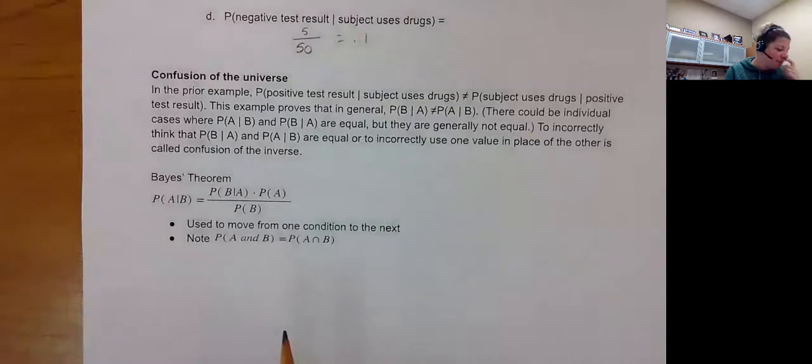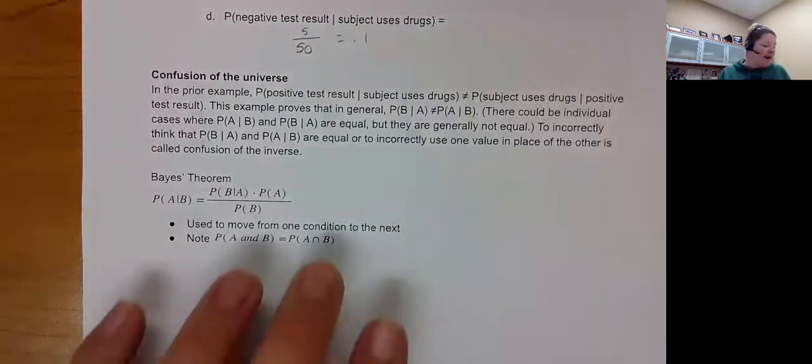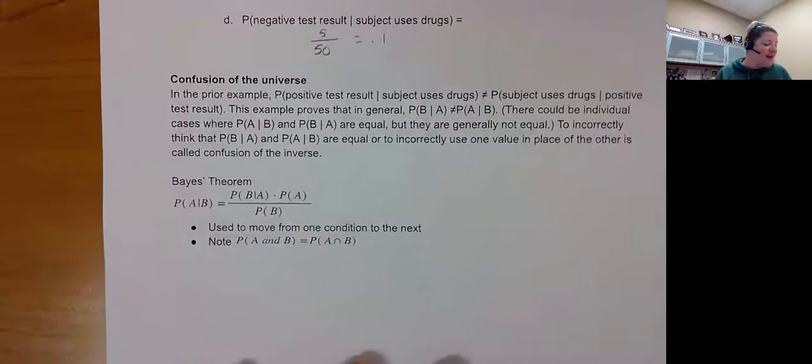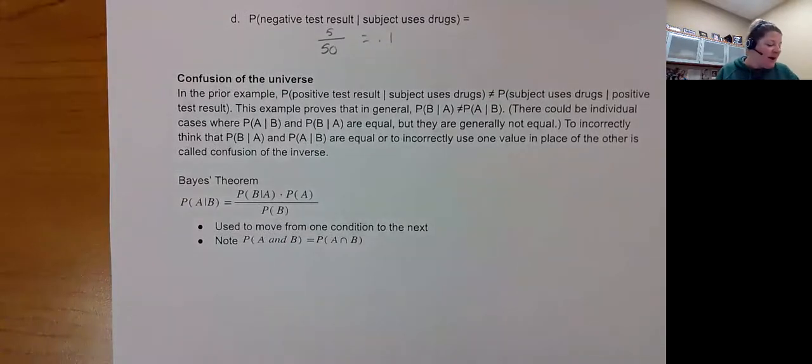Okay, Bayes' theorem is right here, and we use this one to go from one condition to the next on occasion. We won't use this very much because we usually just use our conditional probability. You can use that for almost everything, but let's look at this one.